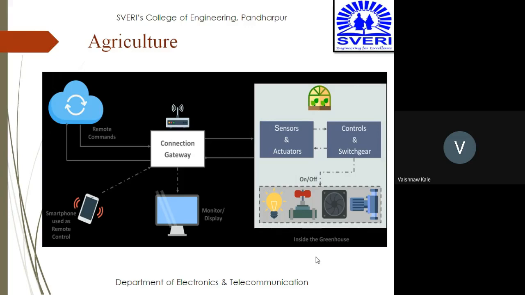Then from the cloud it will be connected to the connection gateway, and then given to the sensors, actuators, controls and switchgears, where it can be switched on and off. As well as you can monitor it, you can control it through your smartphones also. So obviously this is going to be very much important. Inside the greenhouse you can see there are sensors and actuators where the data will be collected, and it is very clear from this figure.